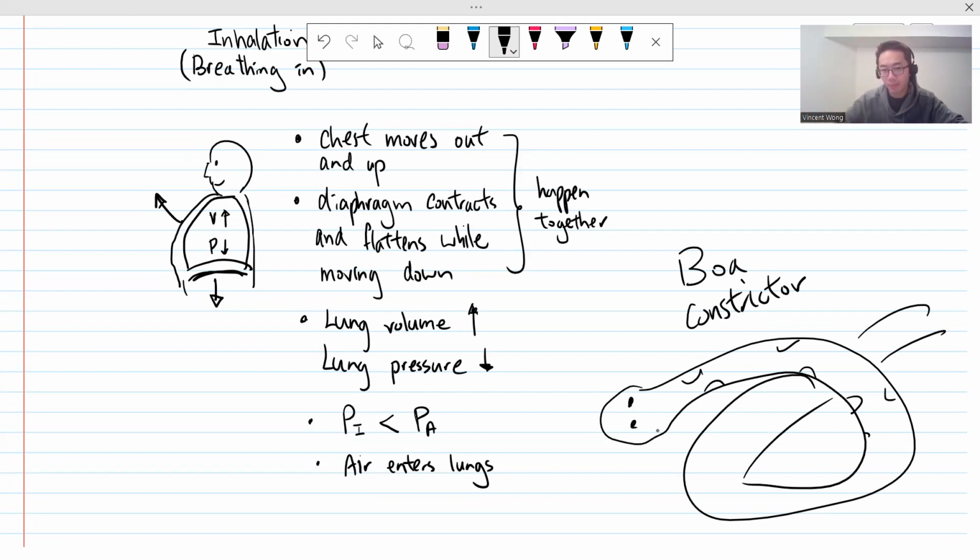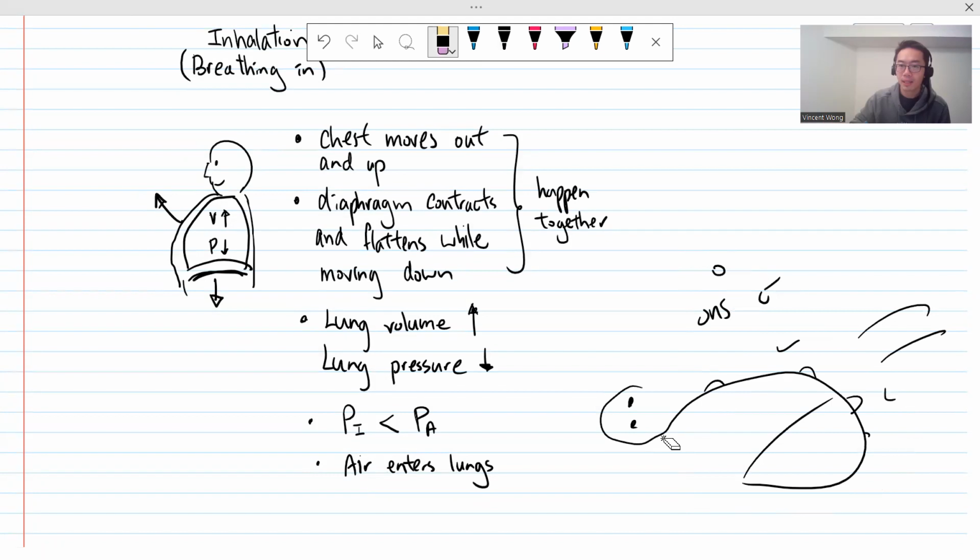And so when the animal tries to breathe, it needs to expand the chest, right? But it can't because it's being wrapped around by this snake. Your chest literally cannot lift and move. And when you cannot move the chest, you cannot lower the lung pressure. Air cannot go in. That's how the animal suffocates.